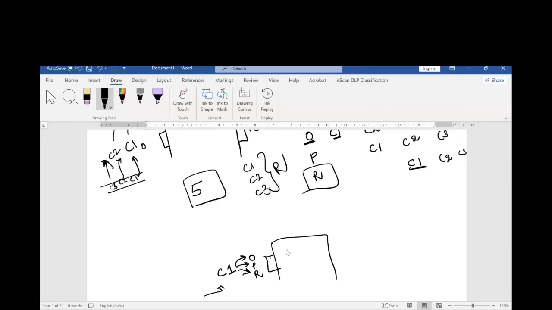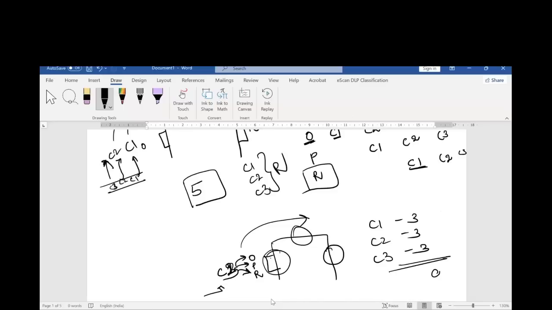Once car 1 moves out, car 2 gets its chance, so it will again take 3 clock cycles. After car 2 receives its order, car 3 goes inside and again takes 3 clock cycles. So if you do not divide your task into different segments, you take 9 clock cycles to complete.